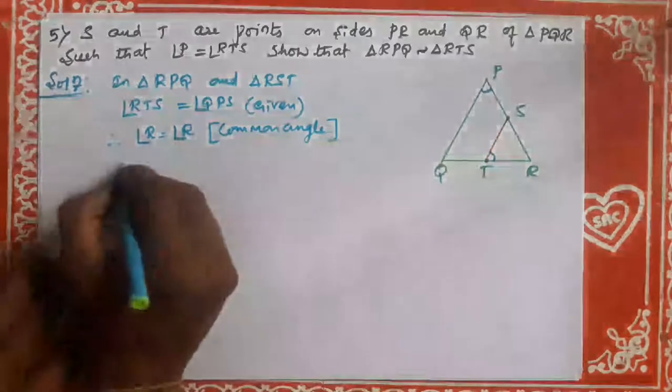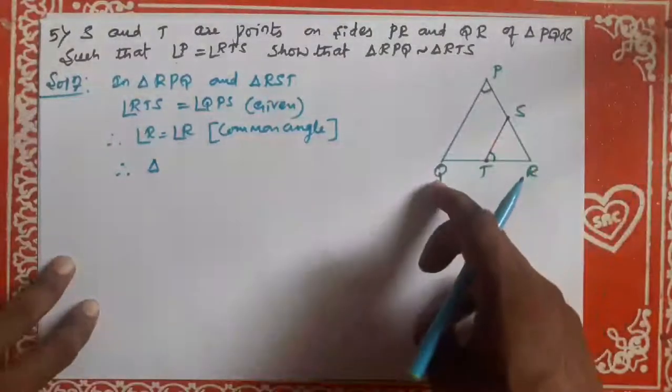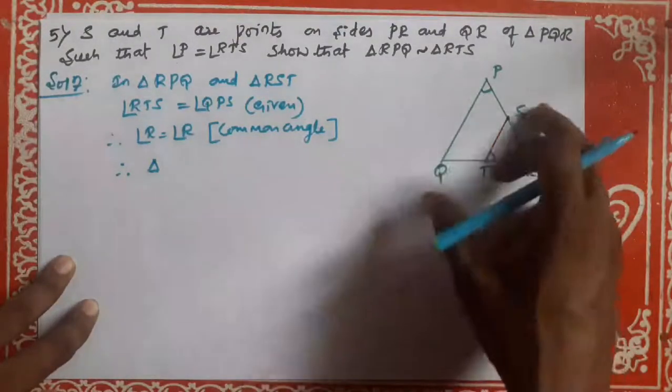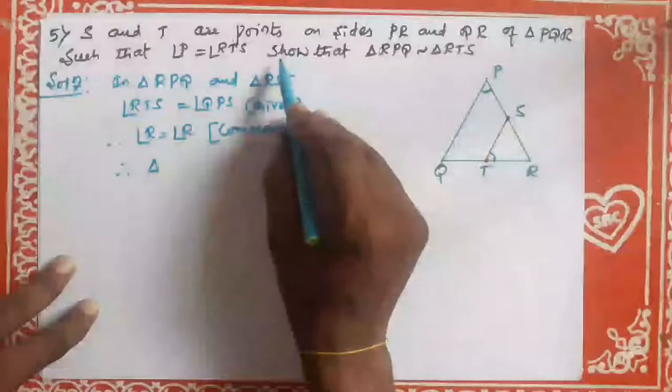Common angle. Therefore, triangle RPQ is similar to triangle RTS by angle similarity criterion, hence proved. That is all we need to show.